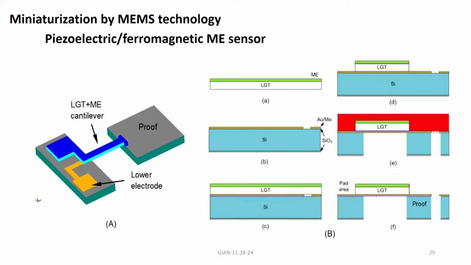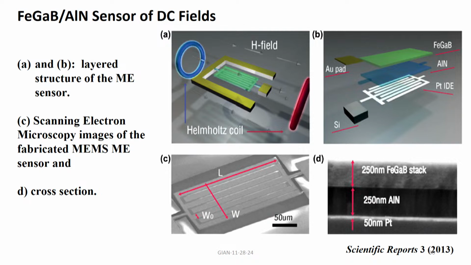So, this is what he came up with, and this is another collaborator. They made this DC magnetic field sensor. This is based on the delta E effect. It has an iron, boron, gallium, and aluminum nitride bilayer, and this is the cross section of the bilayer stack.